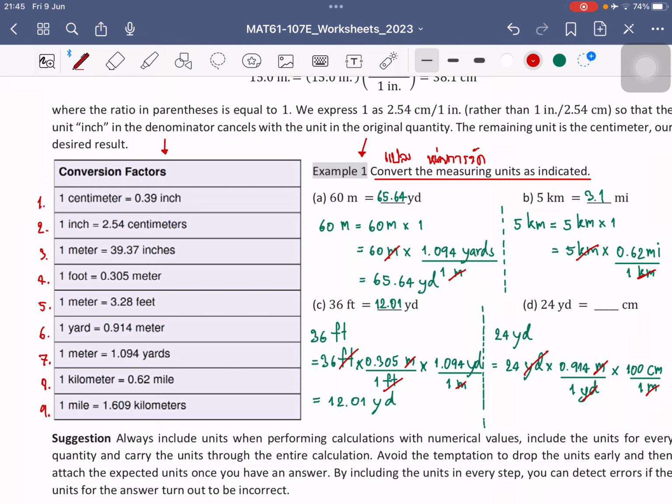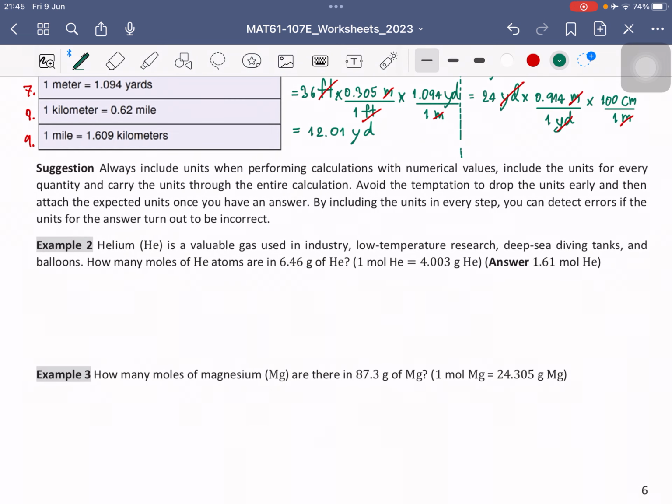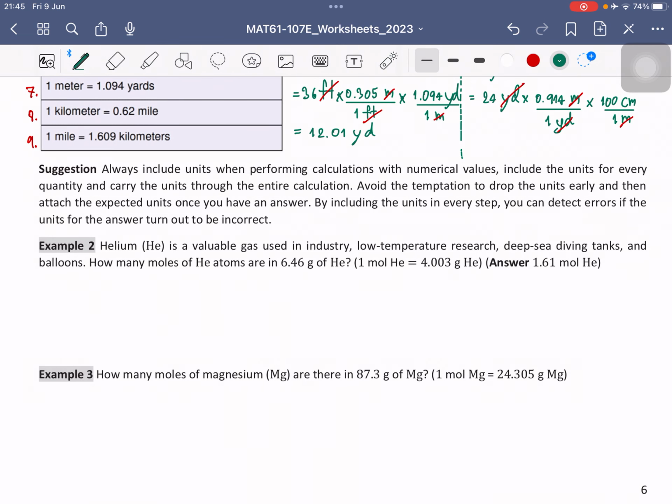So look at the second example, and I will let you do the third example by yourself, but I will pause the solution. Okay, or maybe I can also show you. Look at the question.